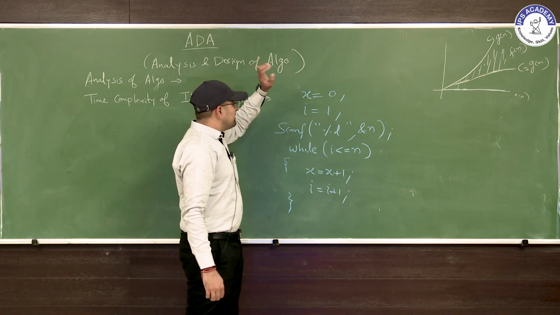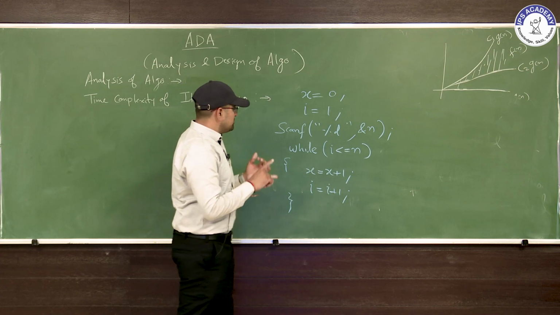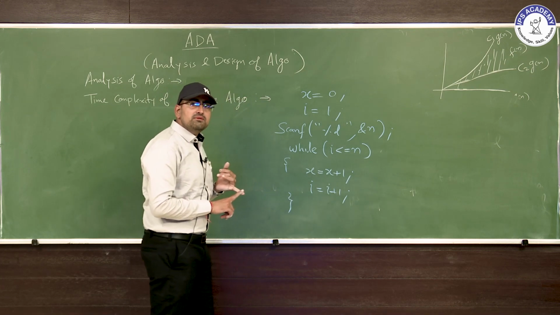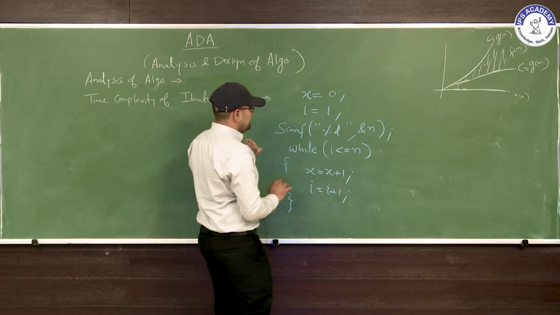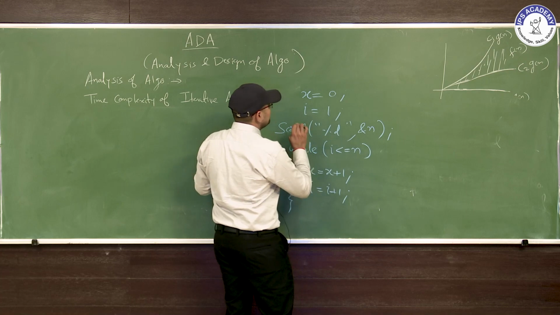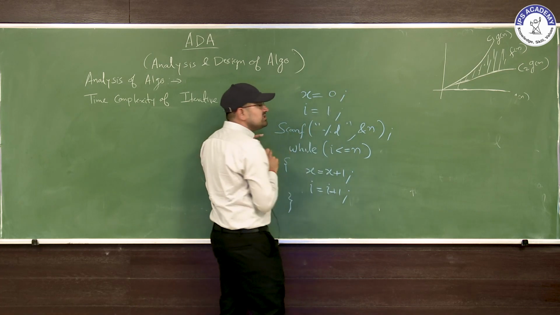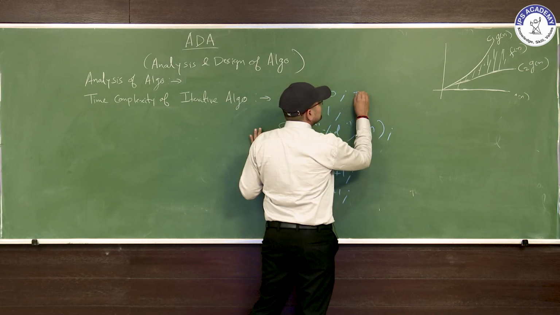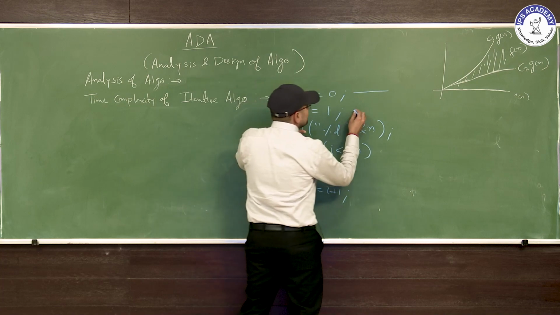Now we have to find out the complexity of this code. So what is the first step? The first step is find out the executable statements. Now, what are the statements which are actually executing? x equal to 0 we are assigning, so this would be one executable statement.